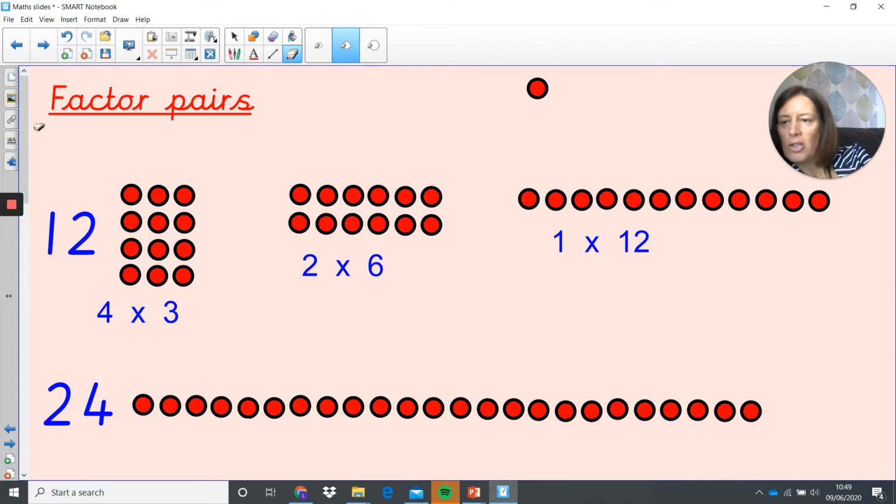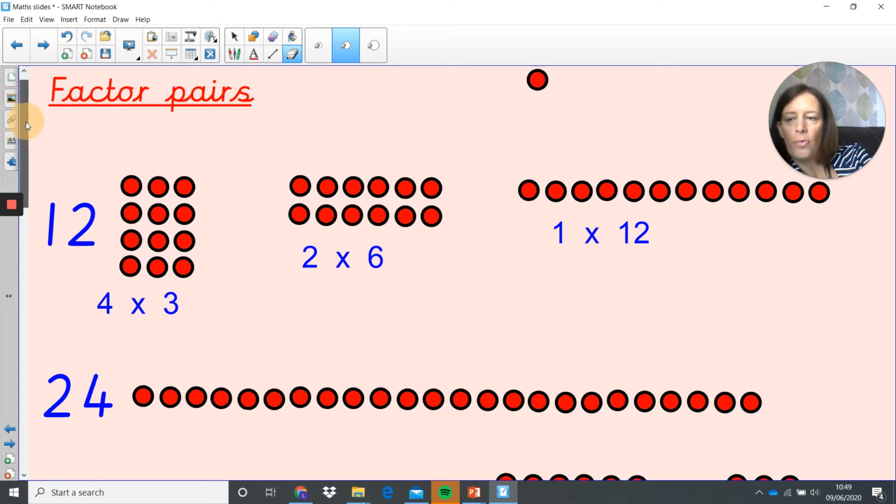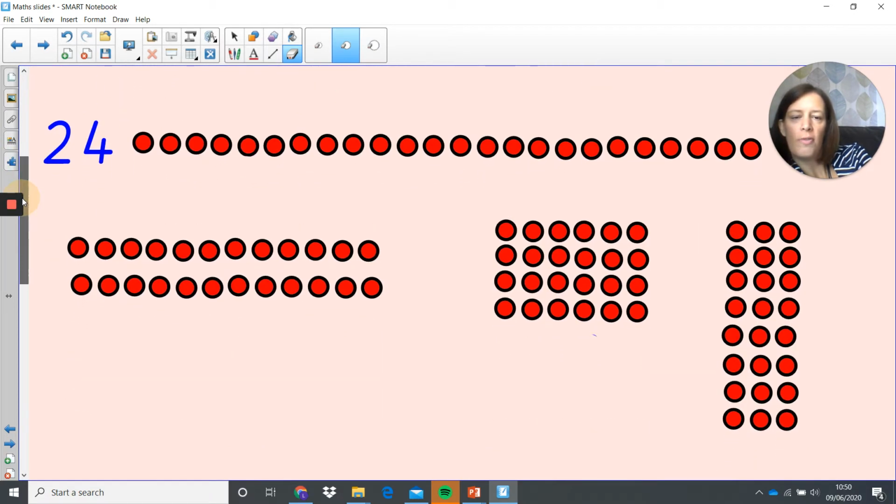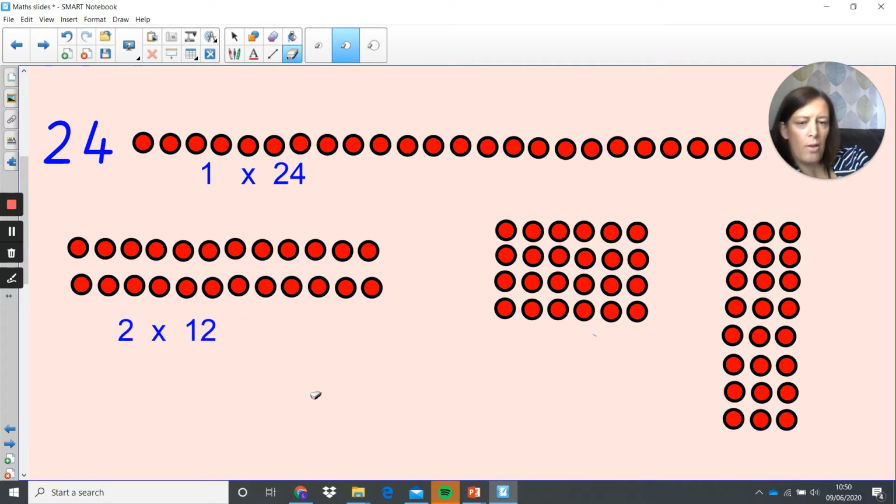Right, let's have a look at it with 24 now. I've shown you all the different ways I can lay out my 24 counters. I could have one row of 24, so that's the first factor pair for 24. I could have 2 rows of 12, so that's another factor pair.